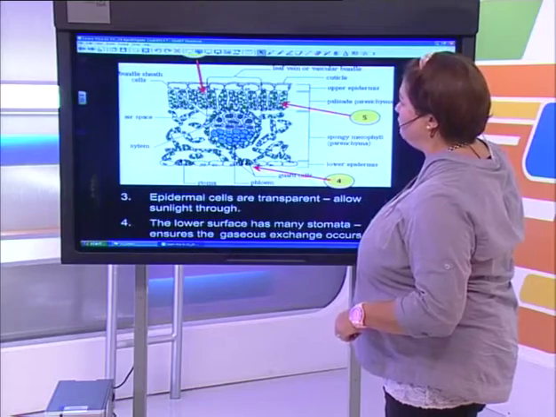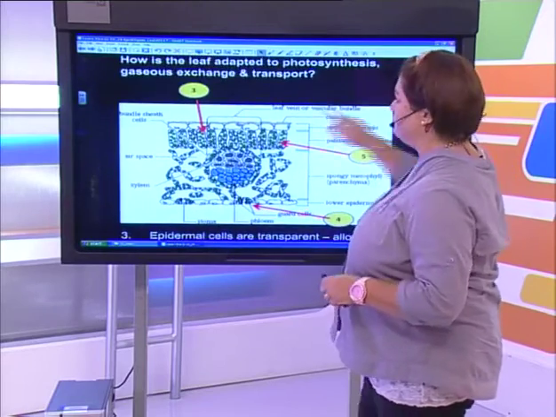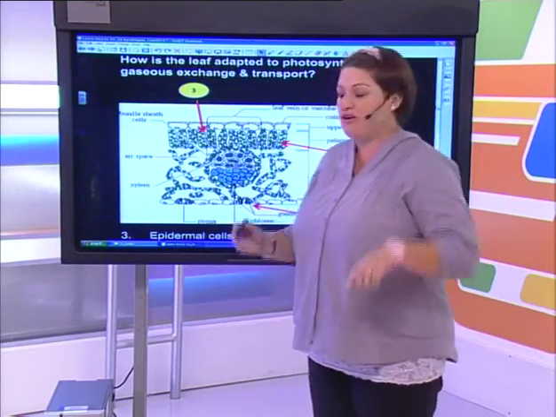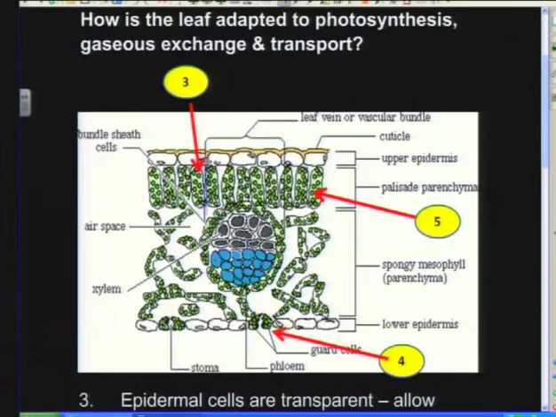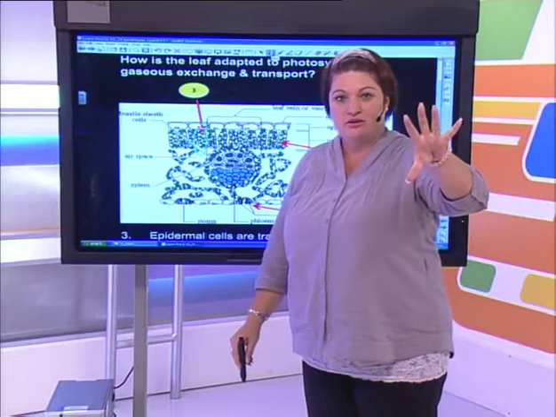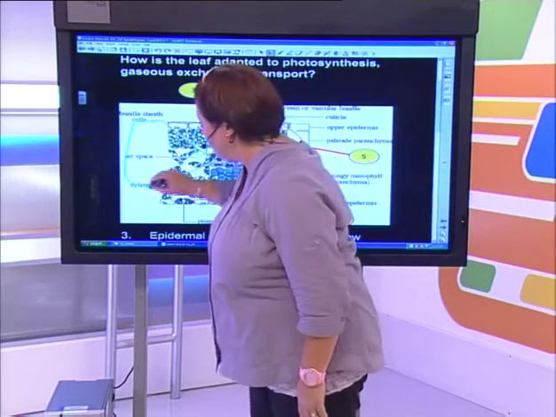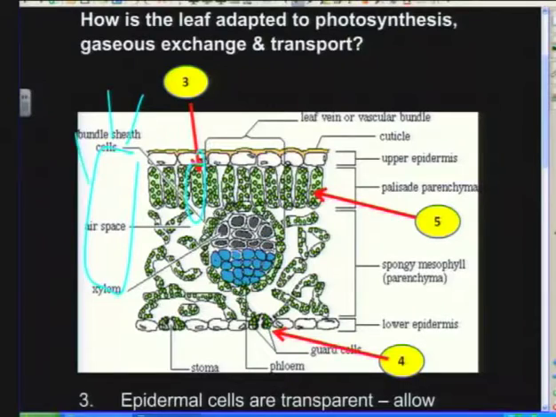Have a look at number 3. What did we say? We said the palisade is elongated. So the longer it is, the greater the surface area. If it's nice and long here, sunlight can penetrate right through.